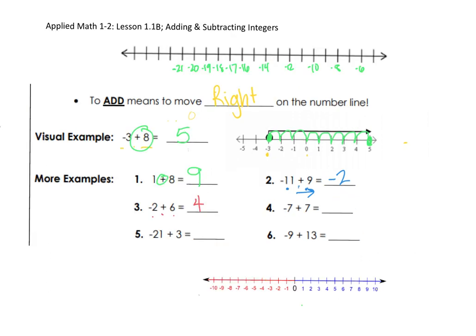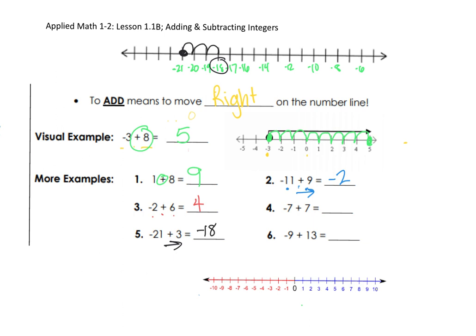All right, for number 5, we have -21 plus 3. I'll be up here at the top, starting at -21, and then adding or moving to the right 3 spaces. We're going to work 1, 2, 3, landing us at -18.